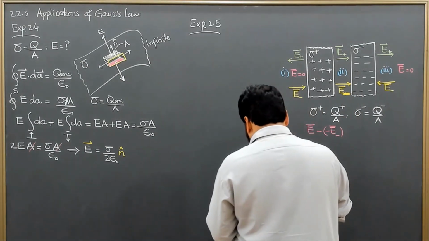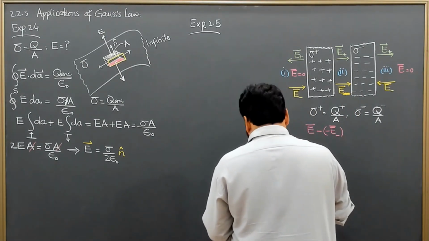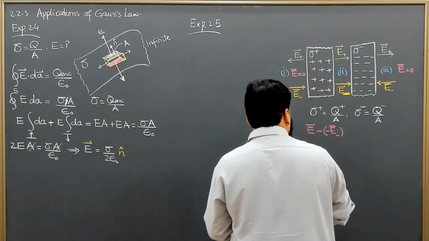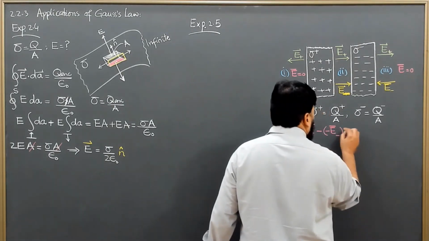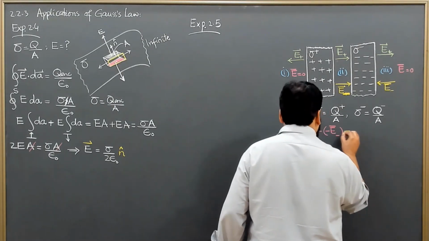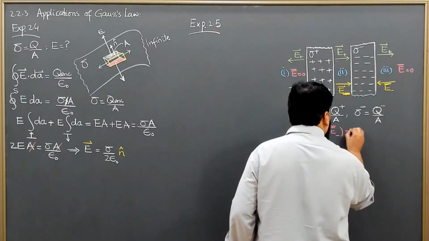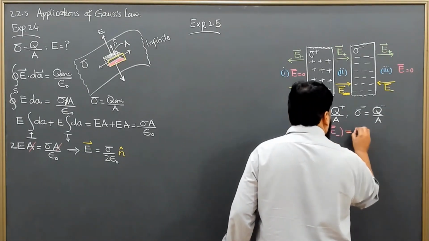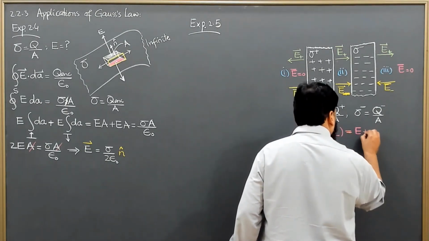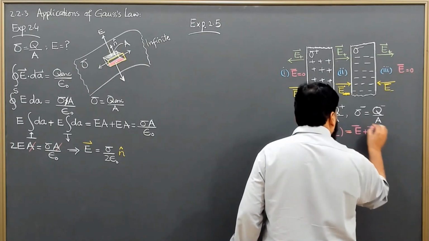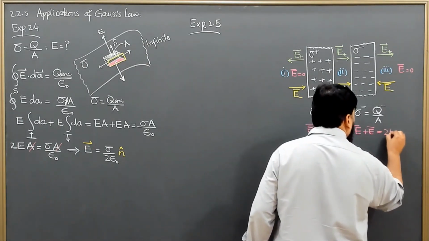So this is negative. And here we have the electric field. This E is minus, so we have this equal to E plus E, and this is equal to 2E.